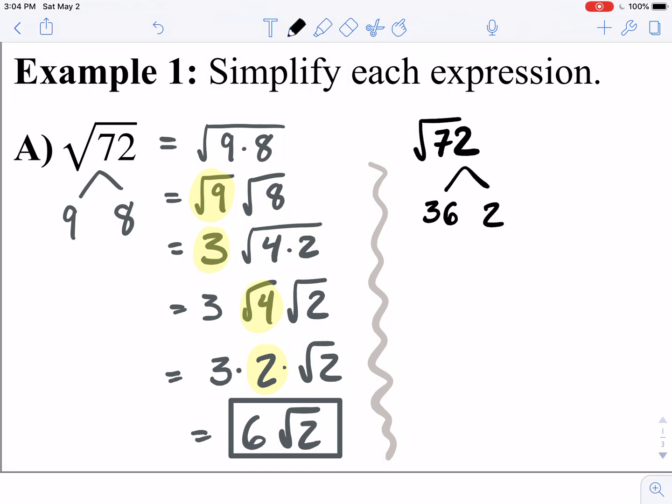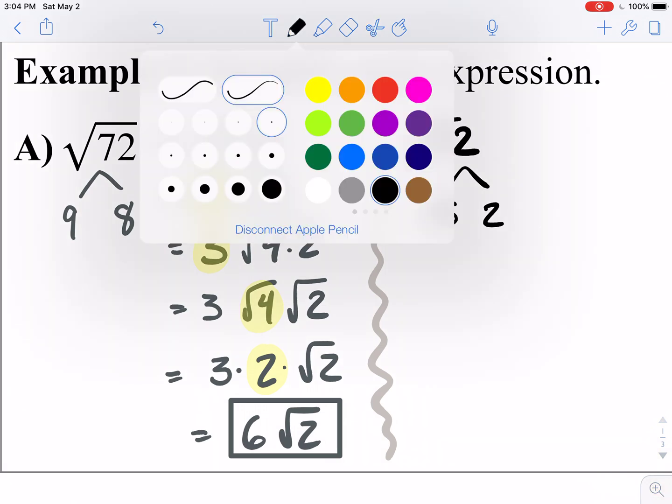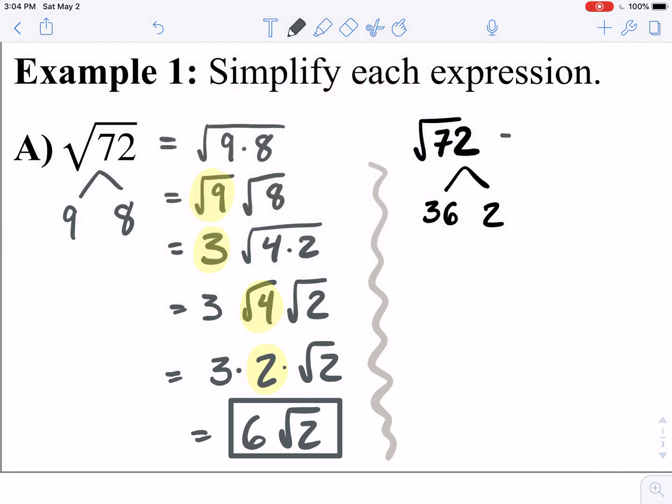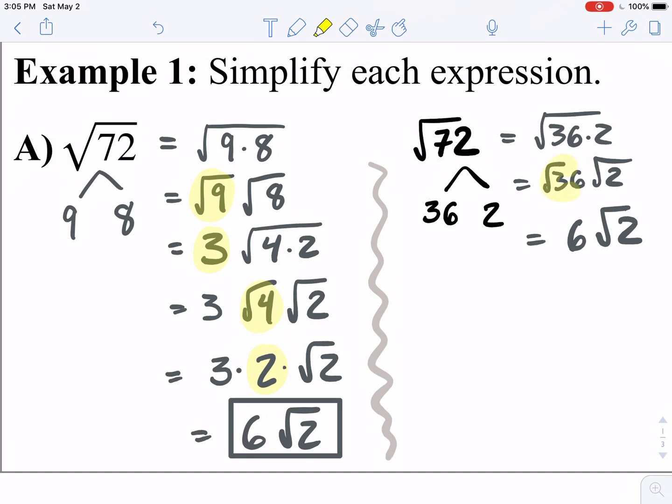Now I did that because 36 is a perfect square. So that's equal to the square root of 36 times the square root of 2, which is 6 times the square root of 2, because the square root of 36 is 6. And there you have it. That is still our same correct answer in half the time.